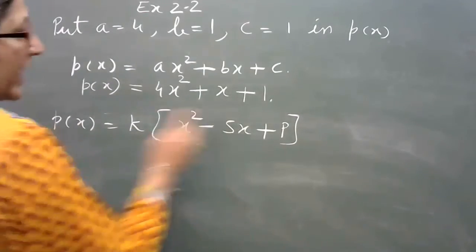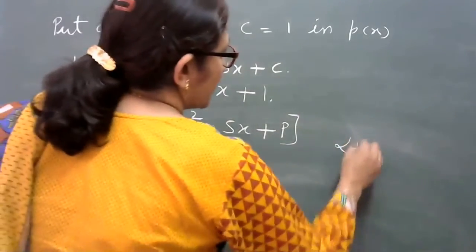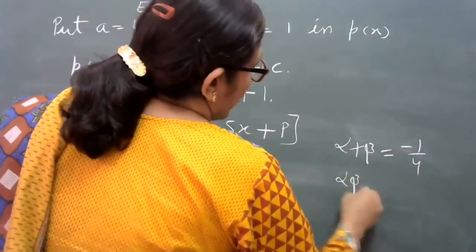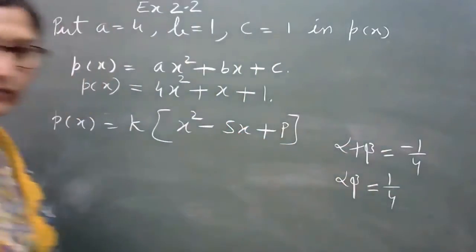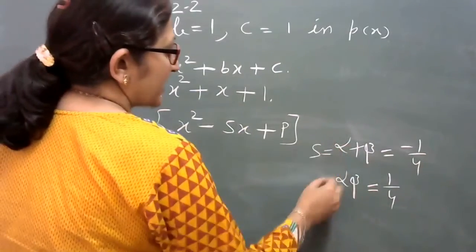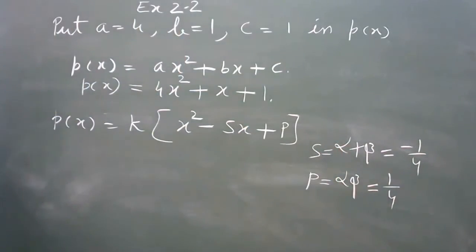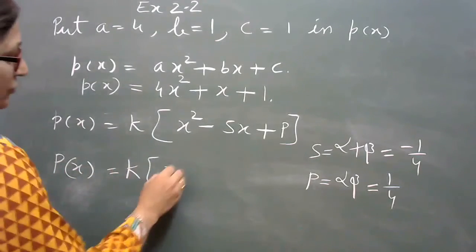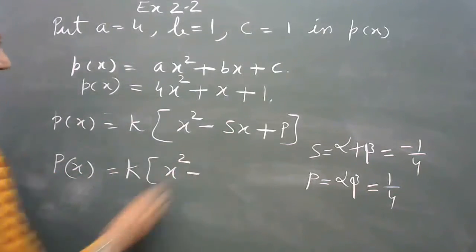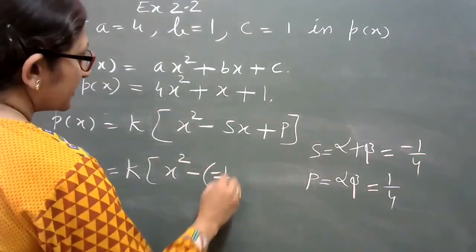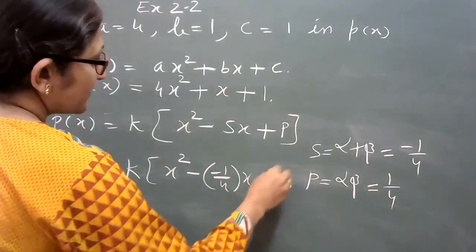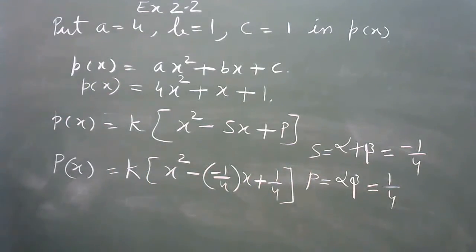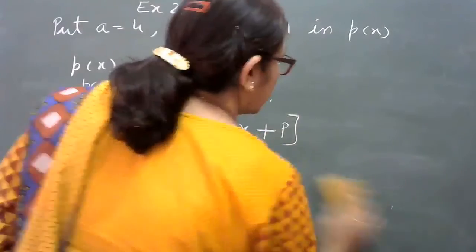Here the value of s, the sum of zeros, we are given alpha plus beta is equal to minus 1 by 4, and alpha into beta is 1 by 4. It is the value of s and it is the value of p. So directly we can write P(x) is equal to k into x square minus the value of s, minus 1 by 4, x plus the value of p, 1 by 4.